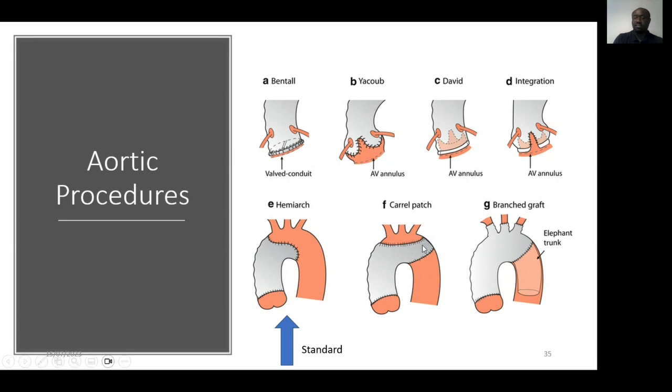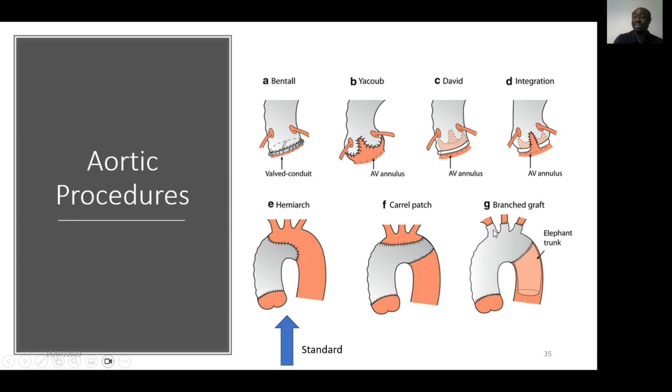In the days when they didn't have what we call an elephant trunk, we tended to do a kind of Carrel patch, take off this and put a graft to the descending aorta there, and the multiple aortic vessels. But with the advent of materials from the companies now, we can have a branch graft that has 3 branches.